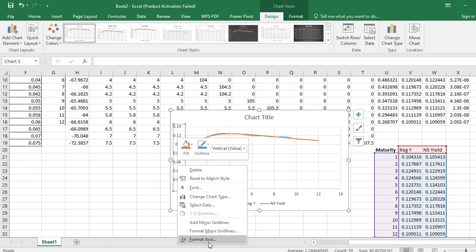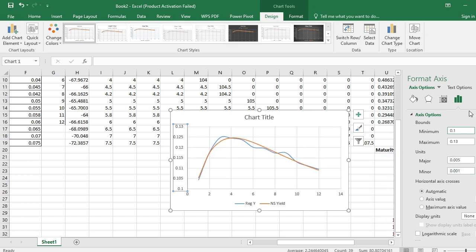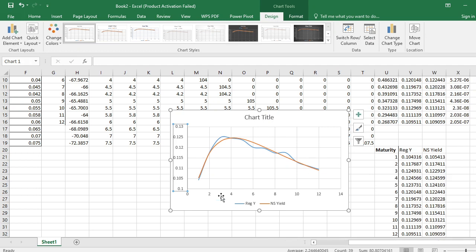Change the axis, start from 0.1. So you see the regression result and the NS yield curve, quite smooth as we want to see in the textbooks. Okay.